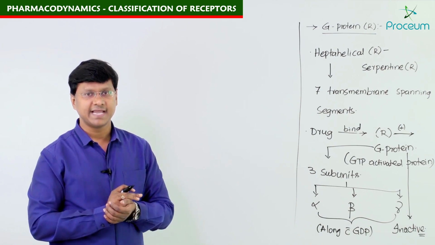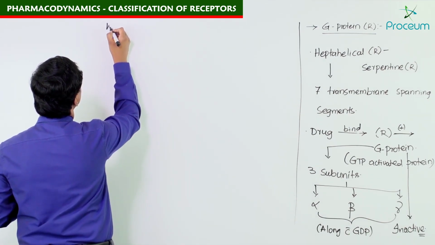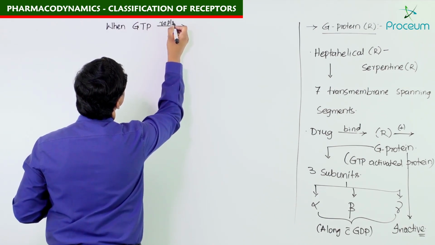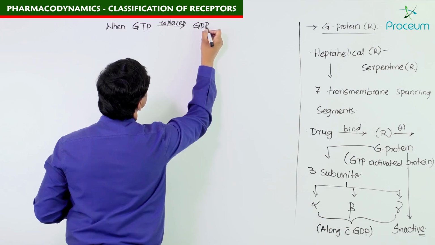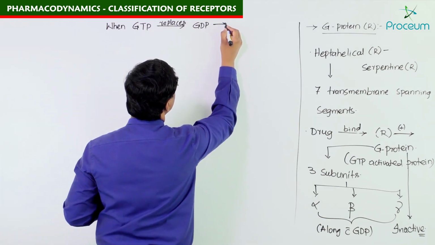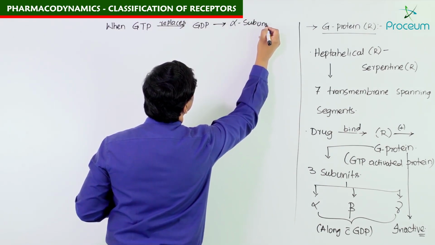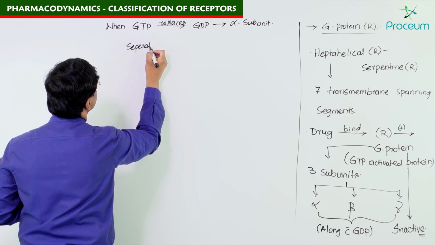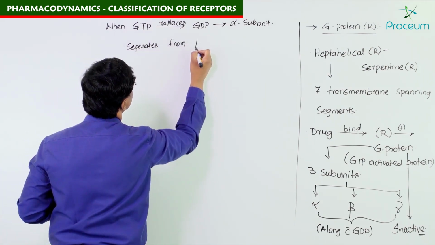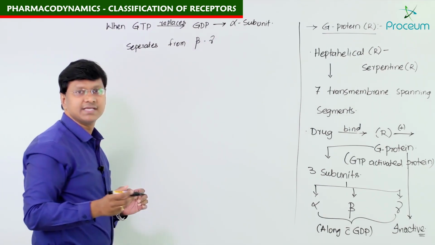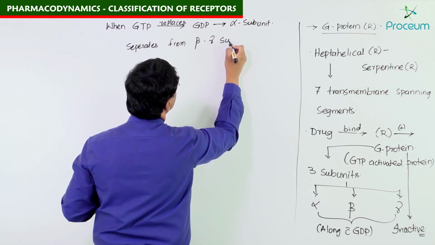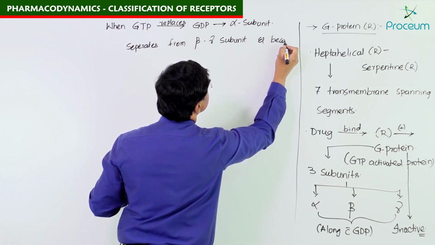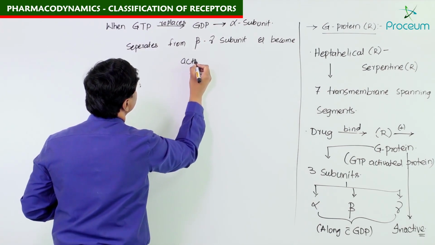So remember, when GTP replaces GDP, the alpha subunit separates from beta as well as the gamma subunit, and it becomes activated.